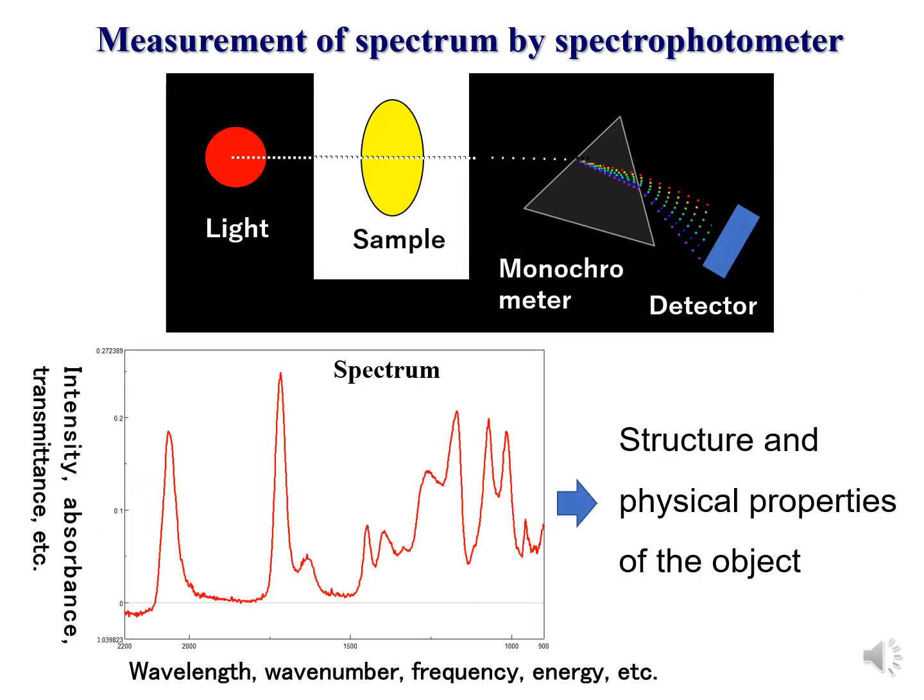In spectroscopy, especially in measurements using electromagnetic fields in the region called light, a device called a spectrophotometer is used. This slide shows an example of a spectrophotometer that measures the absorption of light. Part of the light from the light source is absorbed by the sample, dispersed by the monochromator, and then the intensity of the light of a specific wavelength is measured by the detector.